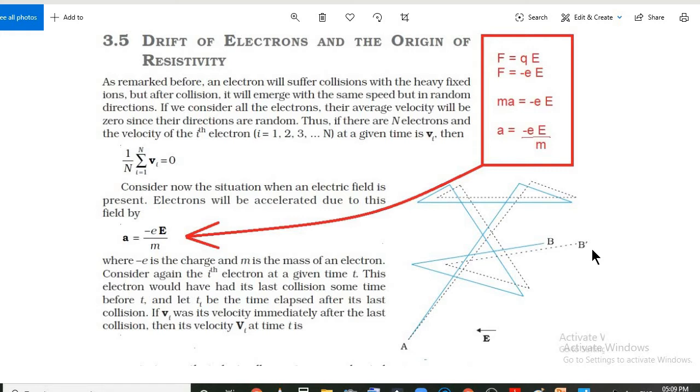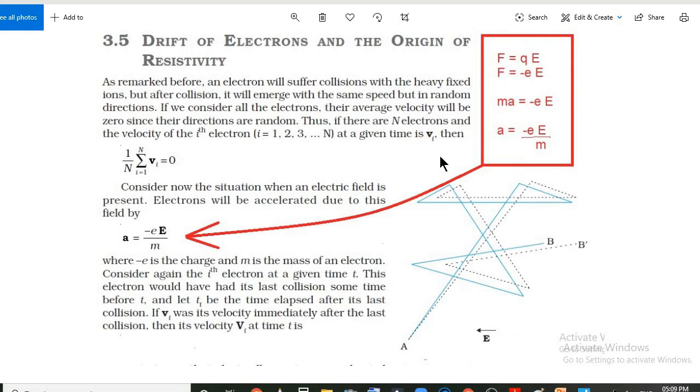Now you may consider that in that metallic wire there are so many particles, like n number of particles. If you consider a particular instant of time before you apply an electric field, each electron has a different velocity. The velocity of the first electron can be represented as v1, the second electron as v2, the ith electron as vi.